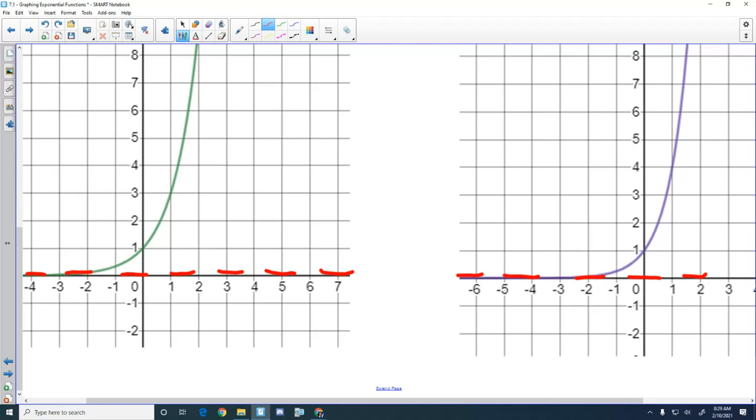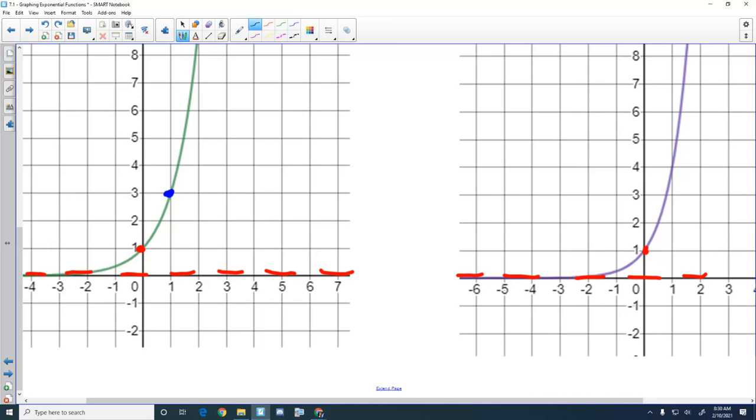How about the first point? Do these both have the exact same first point at 0, 1? Yeah, it doesn't matter if it's 3 to the x or 4 to the x. The first point on these parent functions, on the basic version of these, without adding or subtracting or multiplying stuff, is still at 0, 1. The only difference for them is the second point. So over on the graph here, 3 to the x, the second point is at 3.